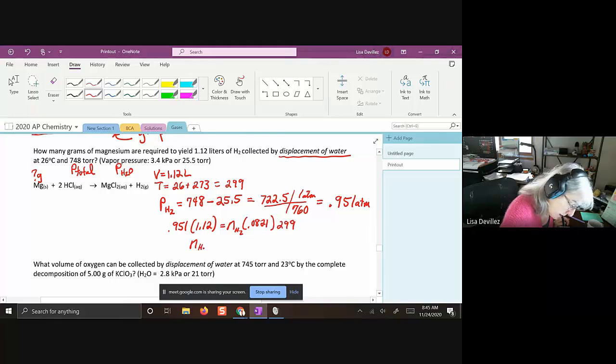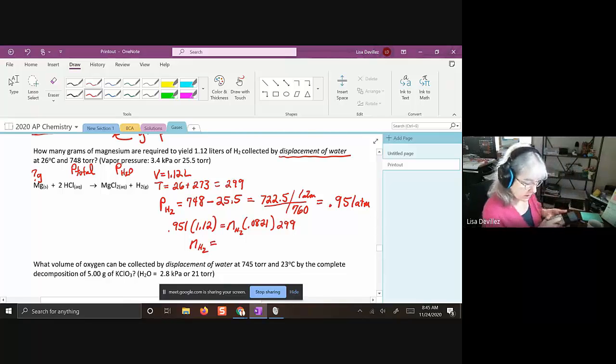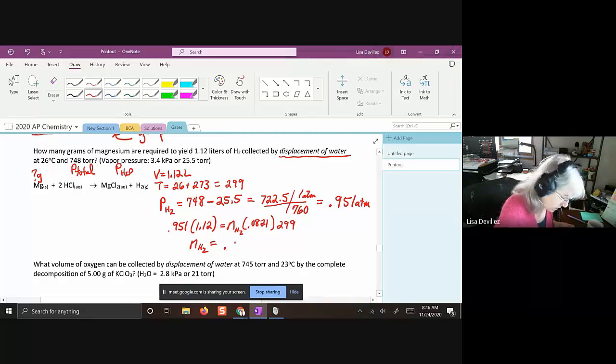So n of hydrogen is 0.0434 moles. And that would be the value.